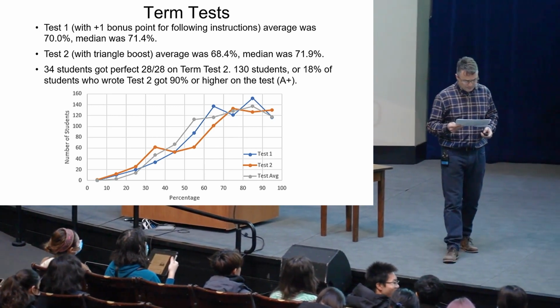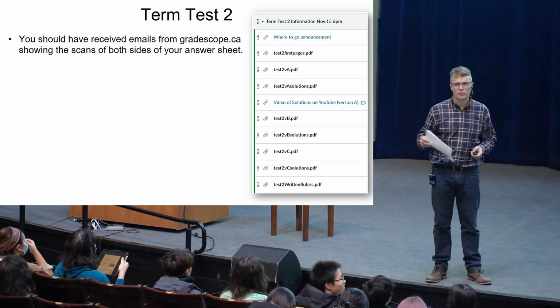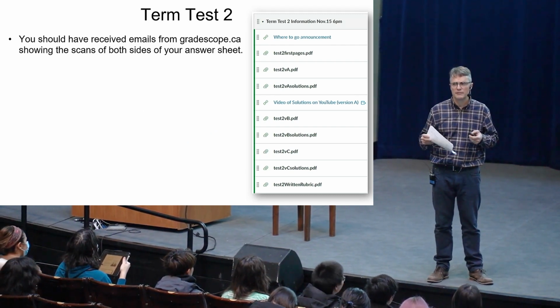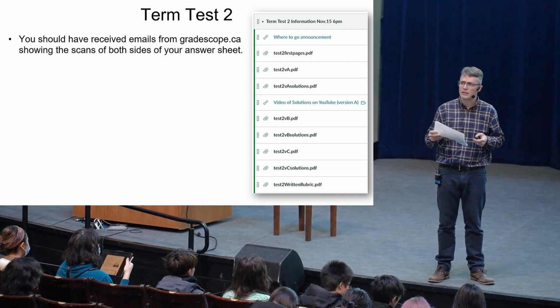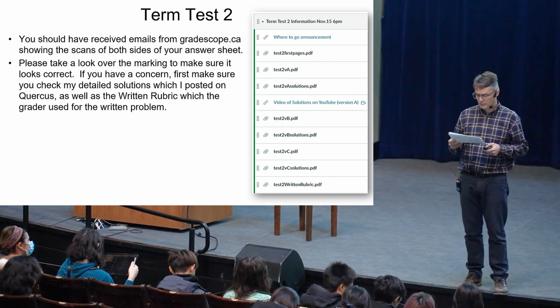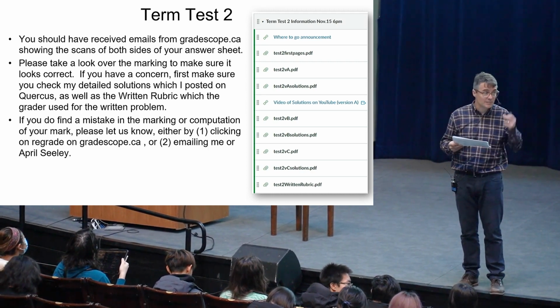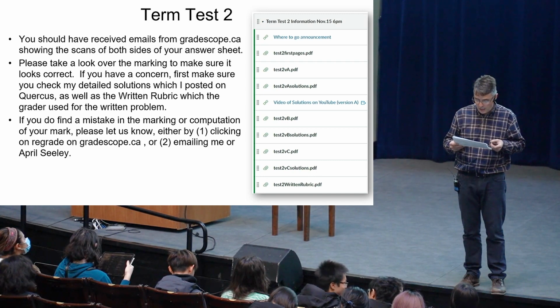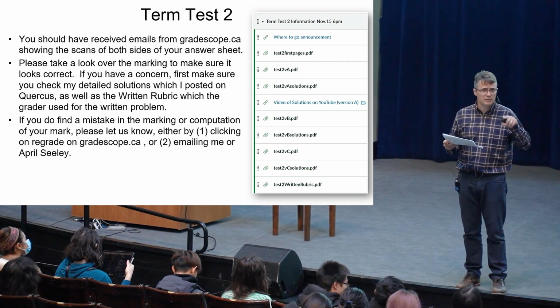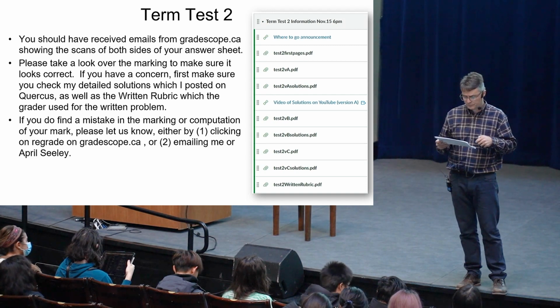So there you go. You should have got an email, I think this morning the GradeScope email came in about the long answer, and then there was another email a few days ago about the multiple choice. But take a look, just make sure we didn't make any mistakes. If you do find a mistake in the marking or the computation of your mark, you can just click on the regrade thing on GradeScope and let us know what happened there. Or you can email.